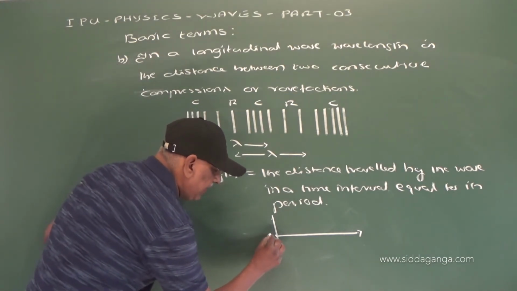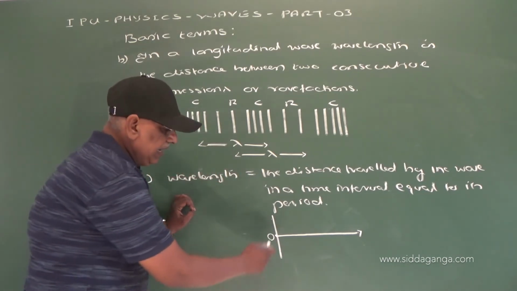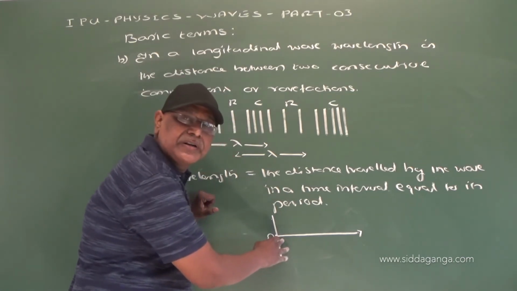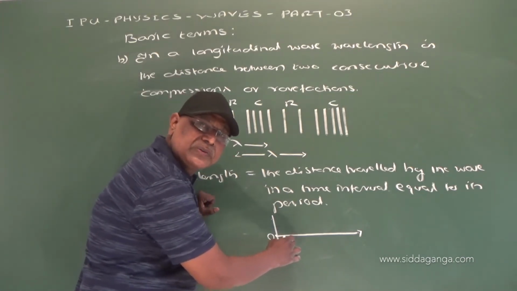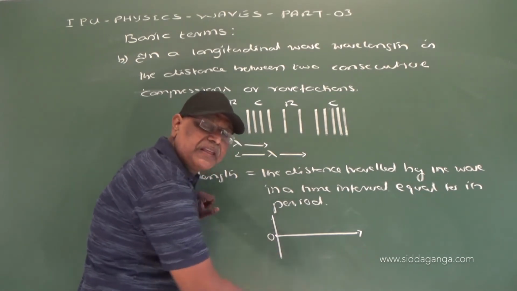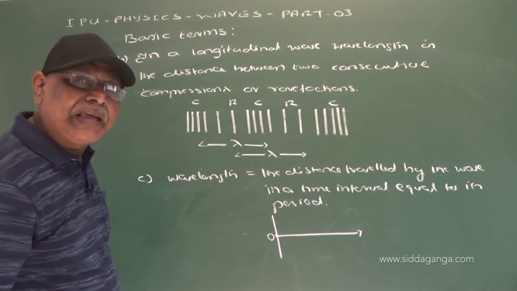Now, when we disturb a particle at O in a medium, it begins to vibrate. It transfers its vibration to the second particle, second to third, third to fourth. Different particles of the medium are vibrating about their mean position.